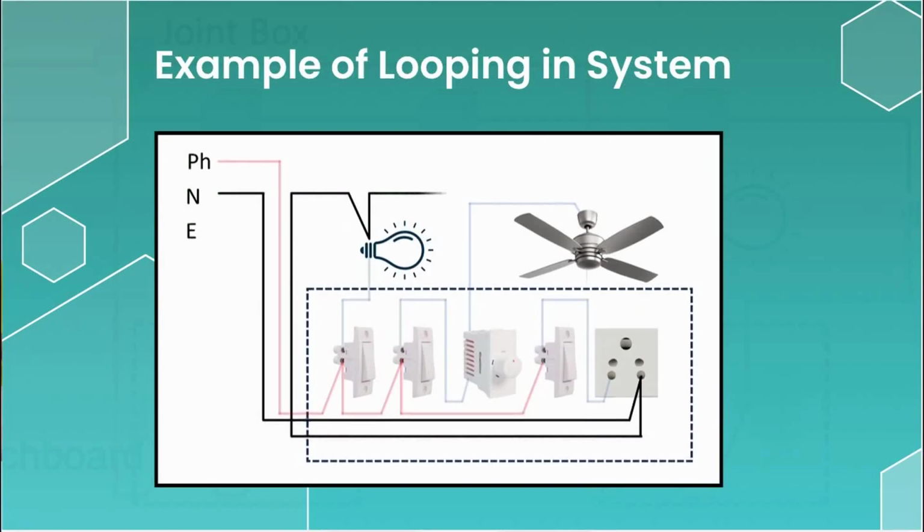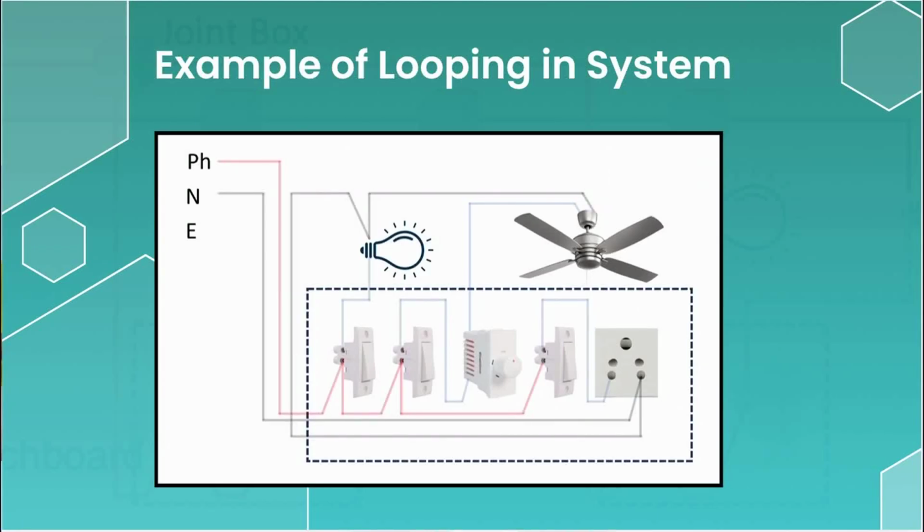From the lamp, it is further extended to the ceiling fan. This completes the neutral connection for all the loads. Finally, since there is a socket outlet, an earth wire is taken from the distribution board and connected to the earth terminal of the socket.